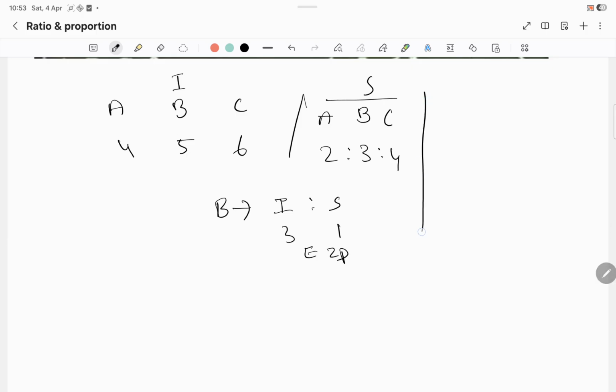So let me rewrite the equation. Income and savings. Incomes 4 is to 5 is to 6, and savings 2 is to 3 is to 4. This is A, this is B, and this is C. See, actually income of B is 3 parts and expenditure is 2 parts.